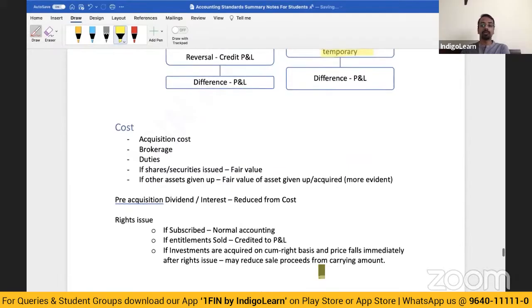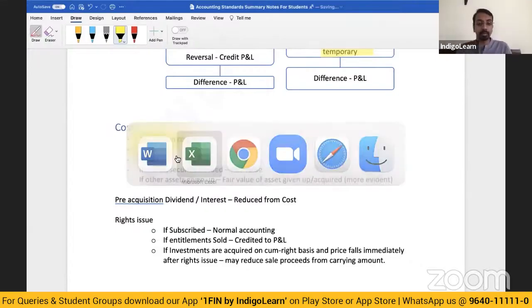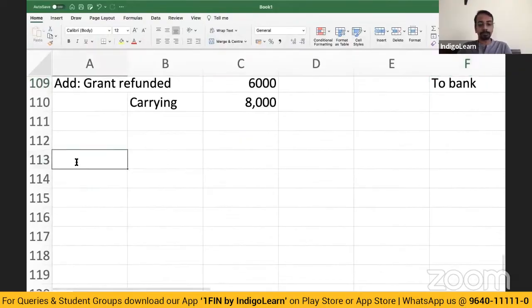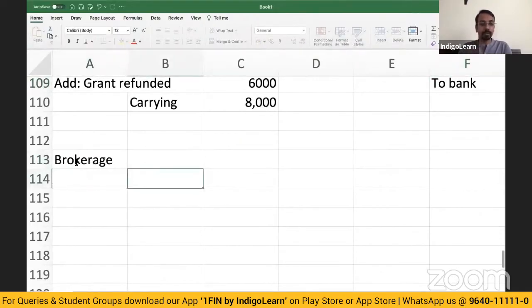Okay. Now, as far as costs are concerned, how do we calculate cost? You will take the acquisition cost, that is the cost that you pay to acquire that particular investment. Brokerage, please remember brokerage, when you sell also there will be brokerage. Brokerage is given as percentage. Let us say brokerage is 2%.